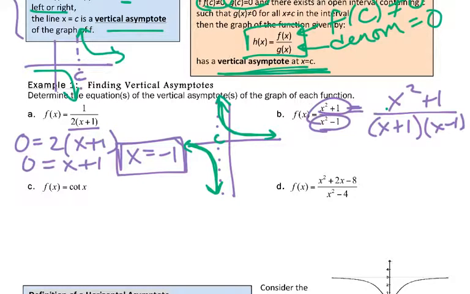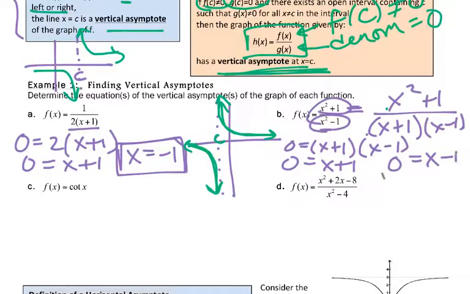So there are no factors that cancel here. Next up, we want to set our denominator equal to 0. So 0 equals x plus 1 and x minus 1. Set each factor equal to 0. And 0 equals x minus 1. So you have vertical asymptotes at negative 1, and positive 1. So we have two vertical asymptotes for b.